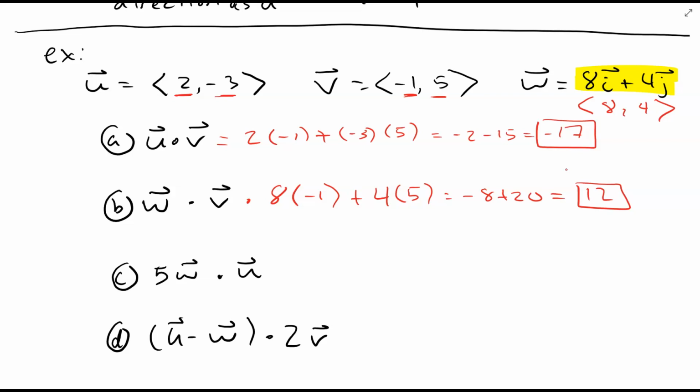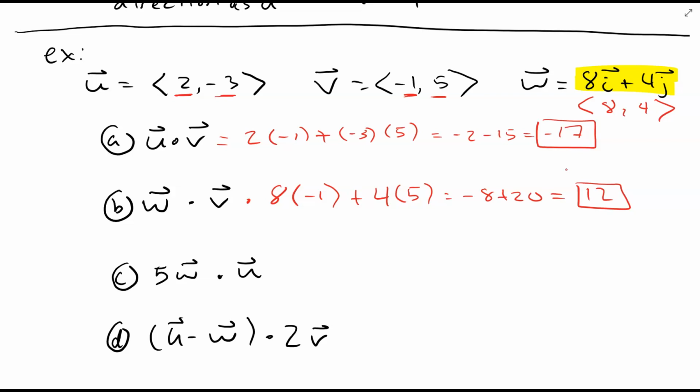All right. If we go on to C, notice that I have a scalar multiplication going on there as well as a dot product, right? We're multiplying by 5, and we're taking the dot product of w and u. The question becomes, what order should I do these things in? Well, according to the associative property for dot products, it doesn't really matter. You can multiply the 5 to the w and then take the dot product. You can multiply the 5 to the u and then take the dot product.